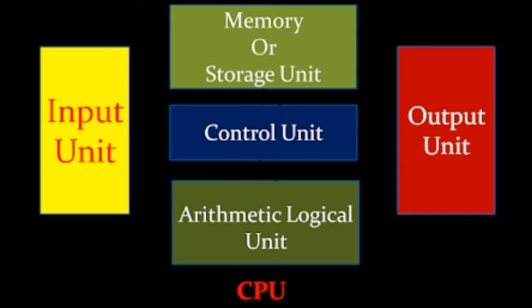Primary memory usually stores the input data and immediate calculation results, that means only during the execution time. Primary memory is also known as main memory or temporary memory. Example: RAM, random access memory.